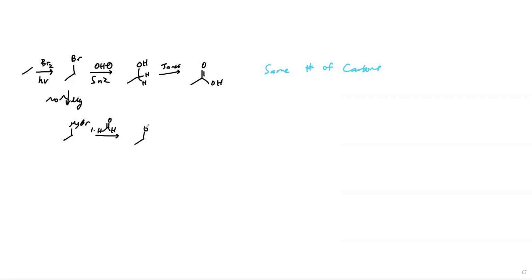However, it doesn't just give us a primary alcohol of the same nature as the one we just made. We get a primary alcohol that is 1 carbon longer. The number of carbons stayed the same throughout the first synthesis, but this synthesis adds an extra carbon from the formaldehyde. Again, primary alcohol, so once we get Jones, we can make the carboxylic acid.